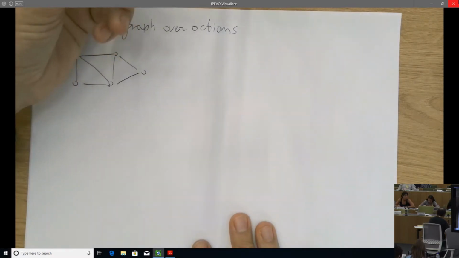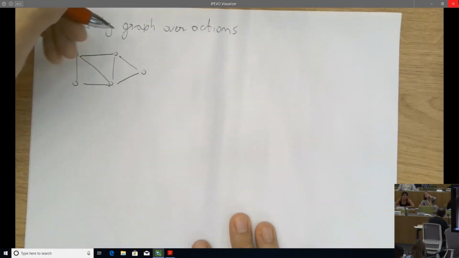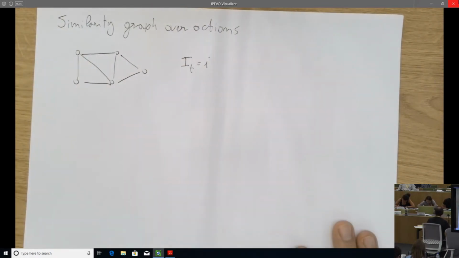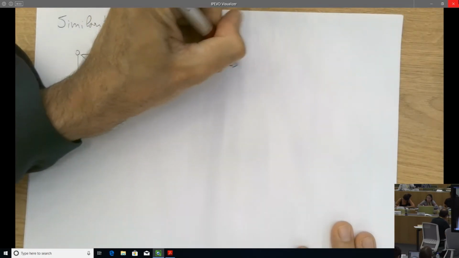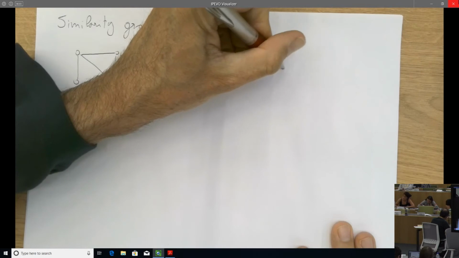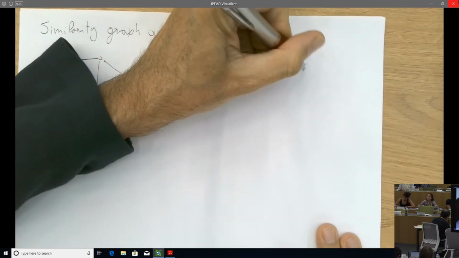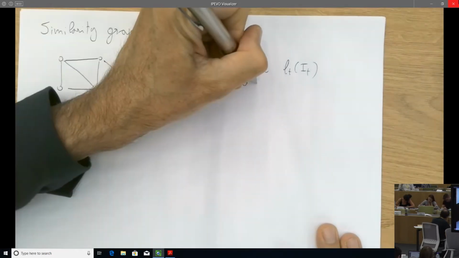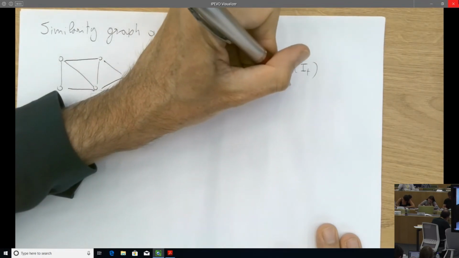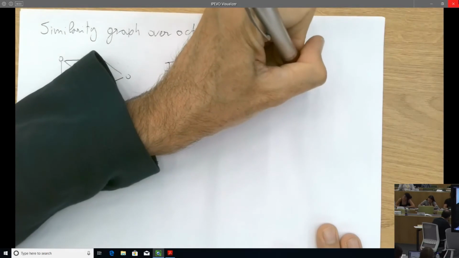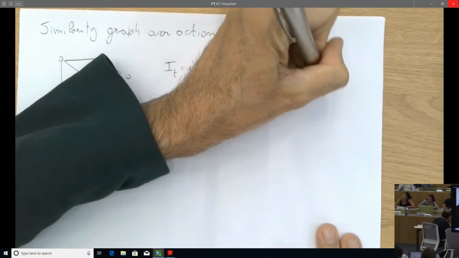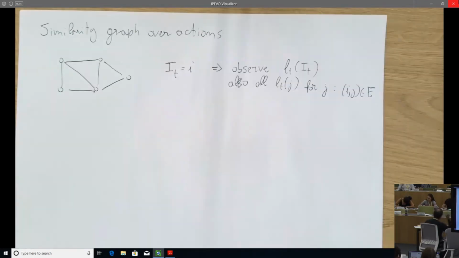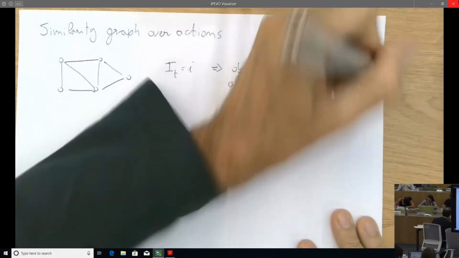So, for instance, in practice, if I choose a specific action at time t, I observe l_t(i_t) as before, but then also all l_t(j) for j such that j is in the neighborhood of i_t.